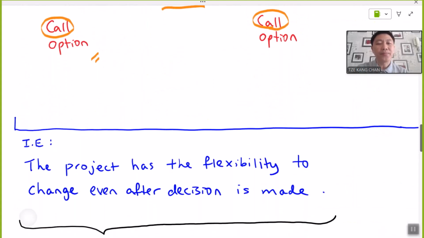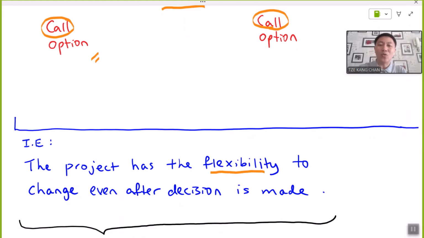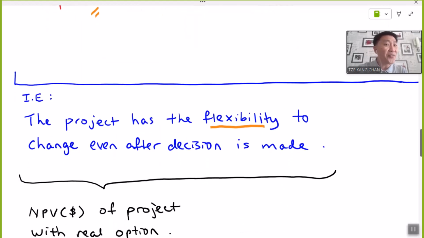So guys, with all these possibilities to have a right for the project owner to make some changes, these rights would then turn out to be a flexibility offered to the project owner to make some changes, even after the decision has been made at the beginning. Don't you think this flexibility may carry value?